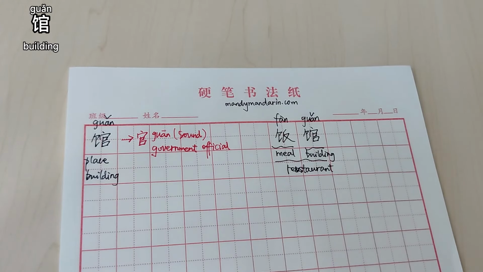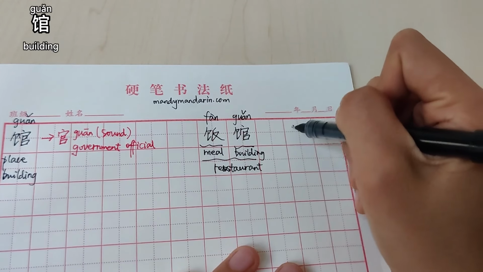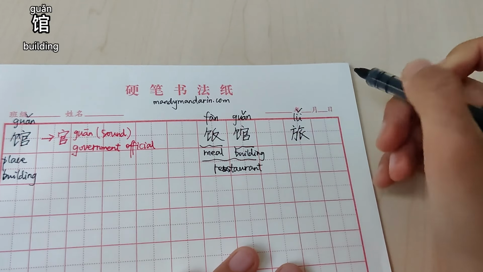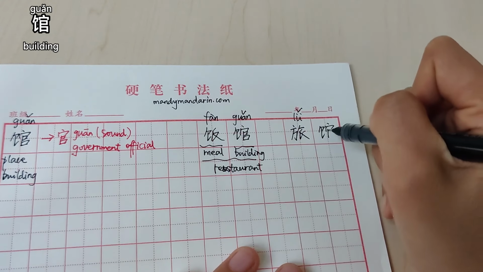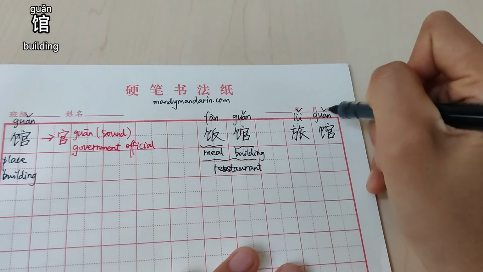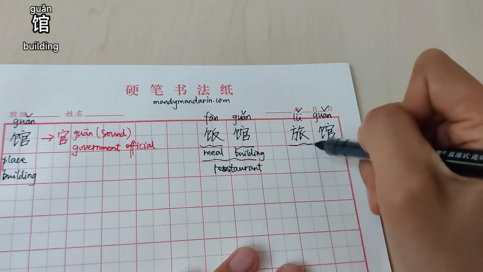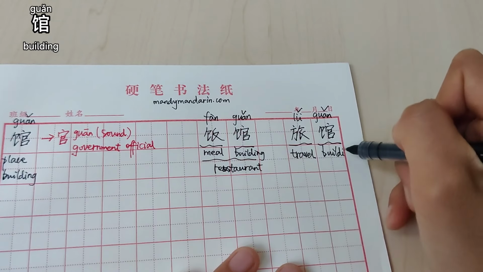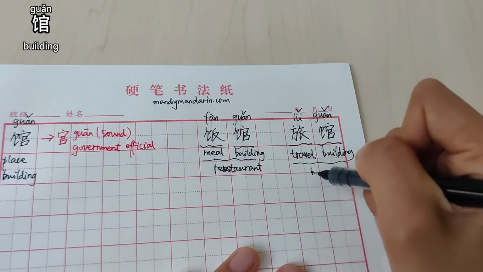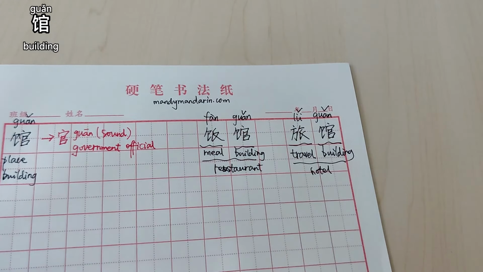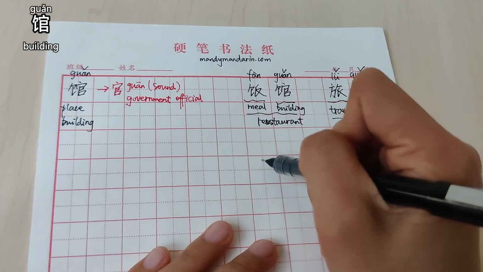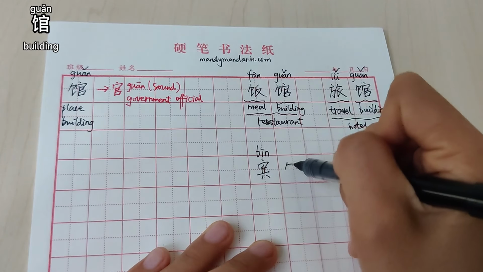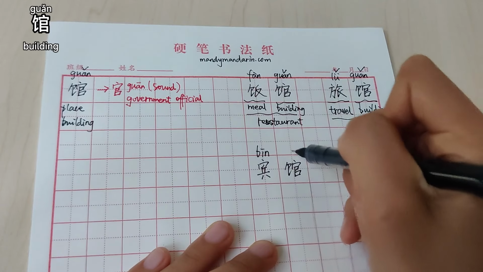And as for accommodation, we can say 旅馆. 旅 means travel. 馆 is the building. So 旅馆 could be a hotel.